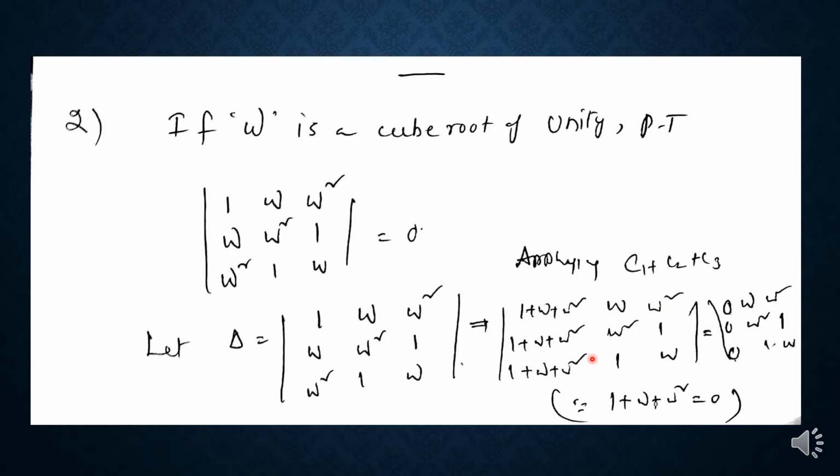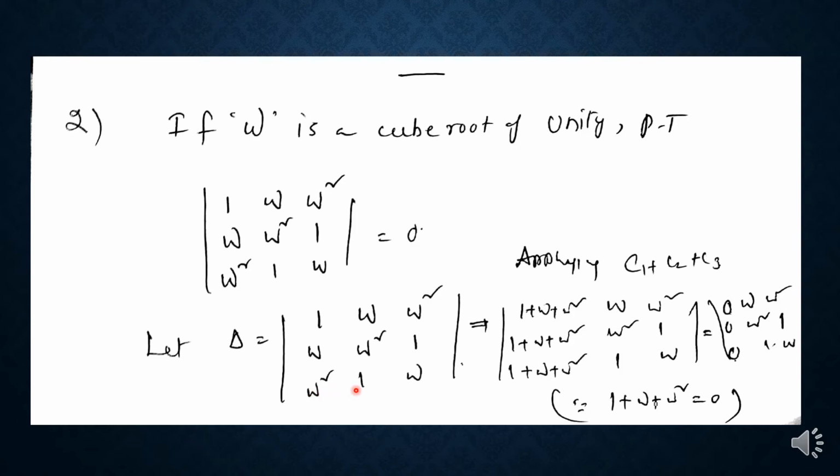So the second column and third column are not changed. We changed only the first column by adding the first column, second column and third column elements. That is, in each row we add the first column element, second column element and third column element.